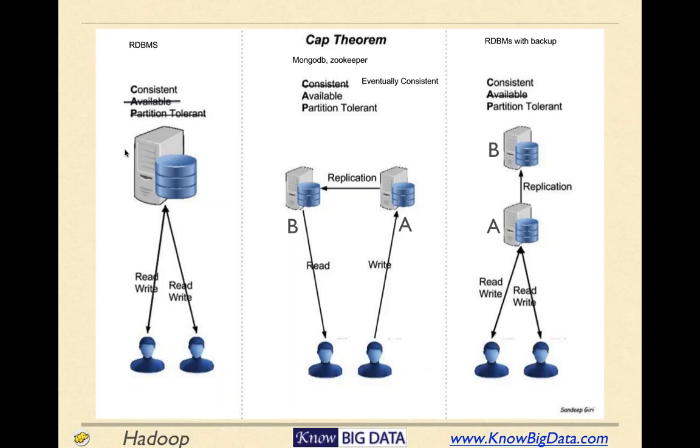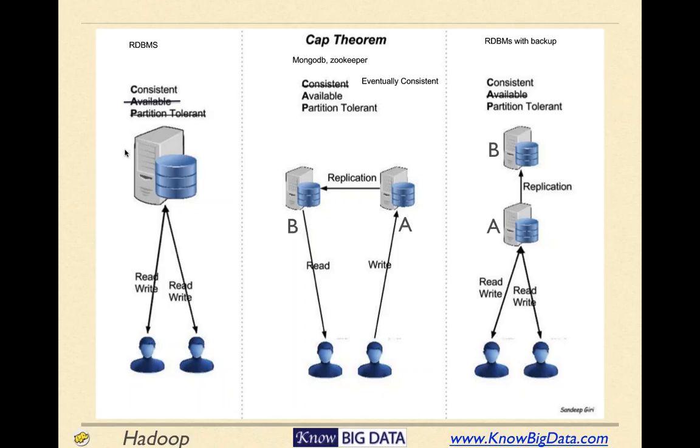So now let's take a look at another diagram. The first diagram was able to provide us consistency because there was a queue, people were waiting for one to finish for another, and so on. So our usual RDBMS is great when it comes to consistency. It has transactions.